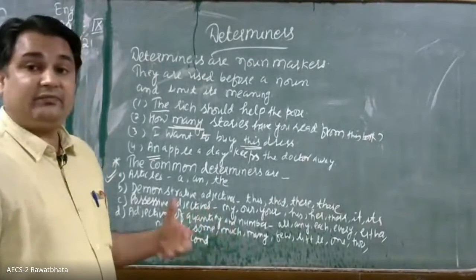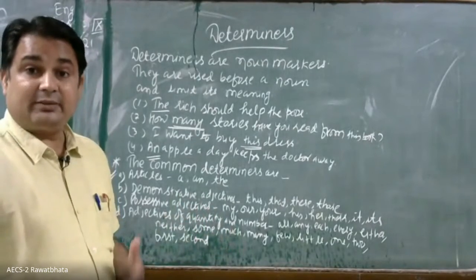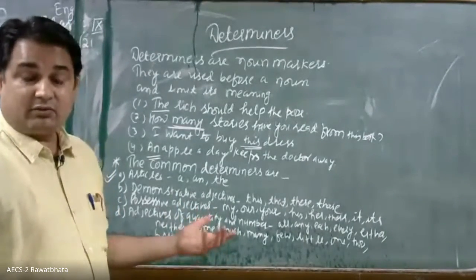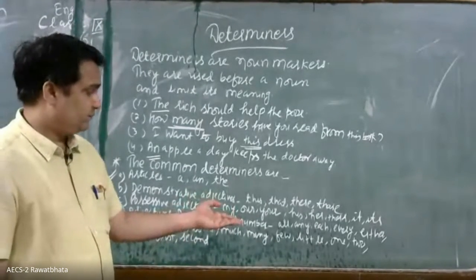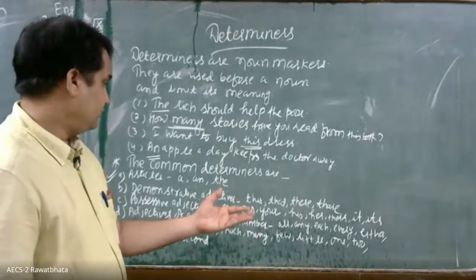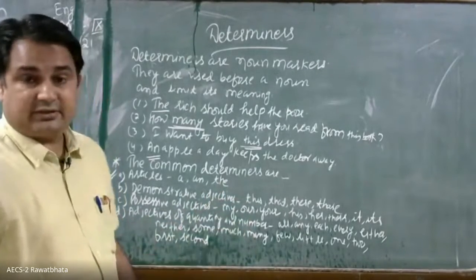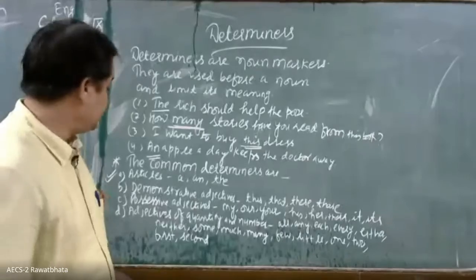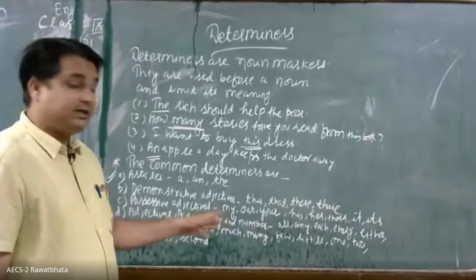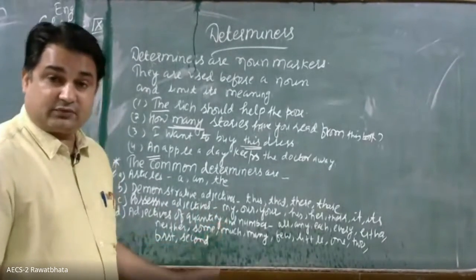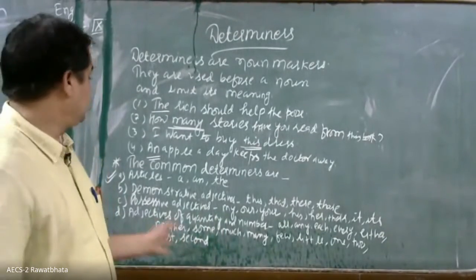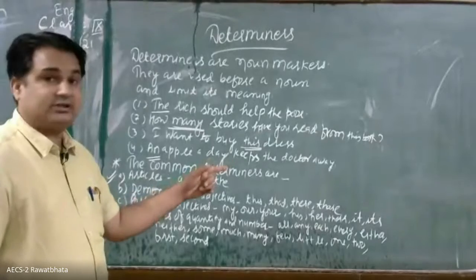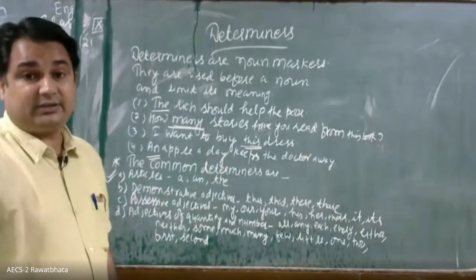They are coming before the nouns, they are limiting the meaning of nouns. All these are determiners. Few, little, one, two, first, second, all these are determiners. Adjectives of quantity and number are also determiners. So these are the common determiners.